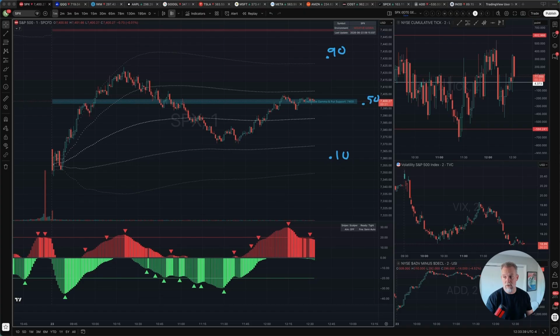So at the money is usually a 50 delta. And when we're talking about gamma, it ramps up here at the strike, and then starts to decrease in both directions.